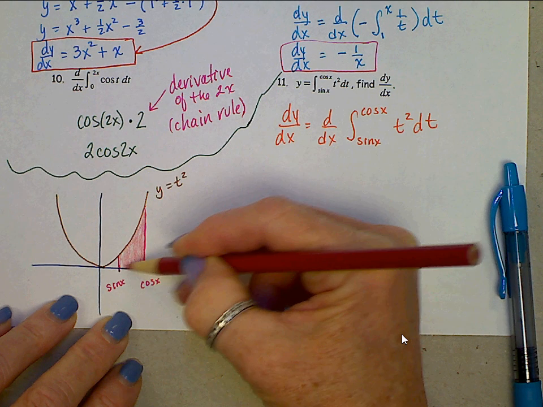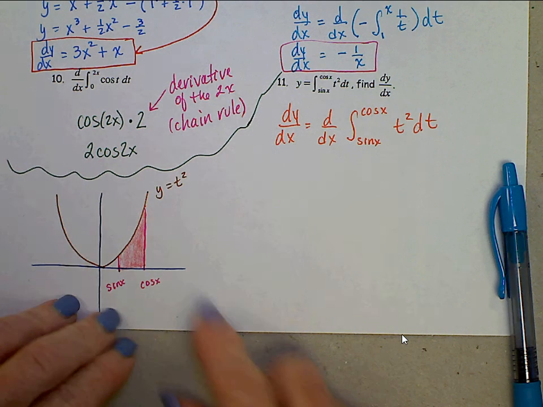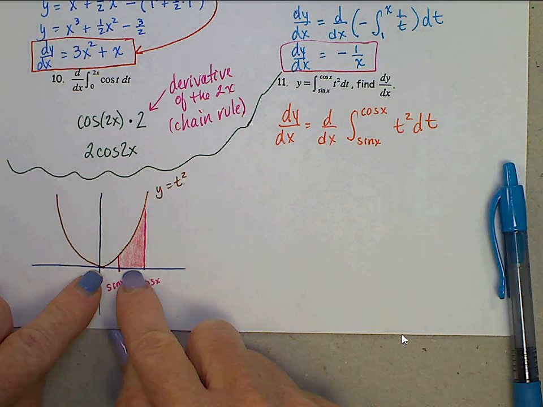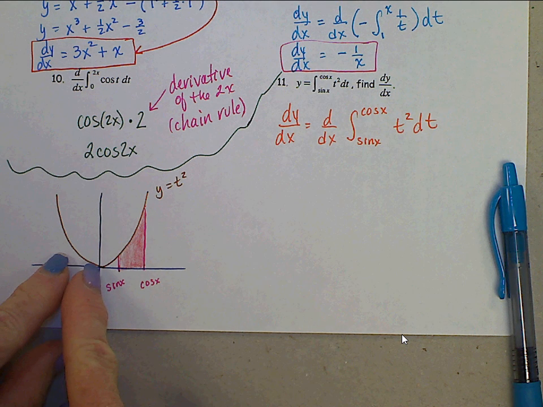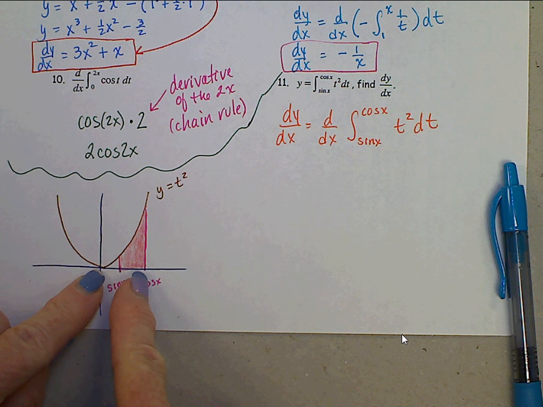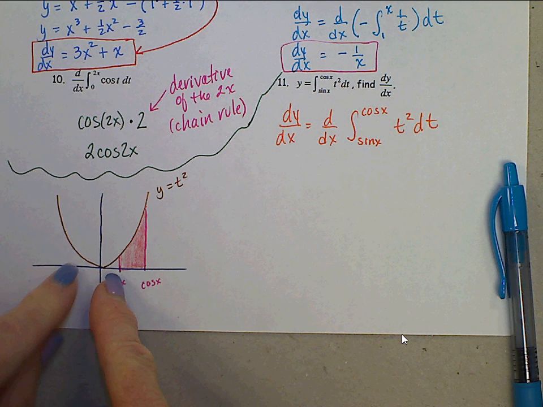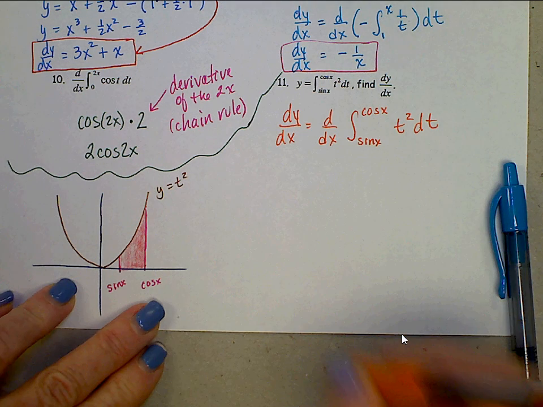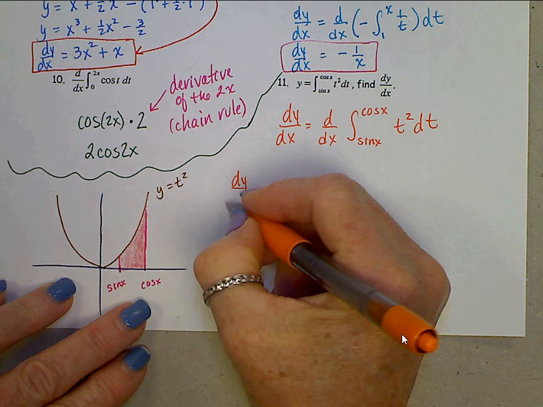All right. Remember, our issue was that we didn't have a constant on the bottom. So could we think about this same area right here as the area from, say, 0 to cosine x minus the area from 0 to sine x? By doing that, that introduces that lower bound as a constant.